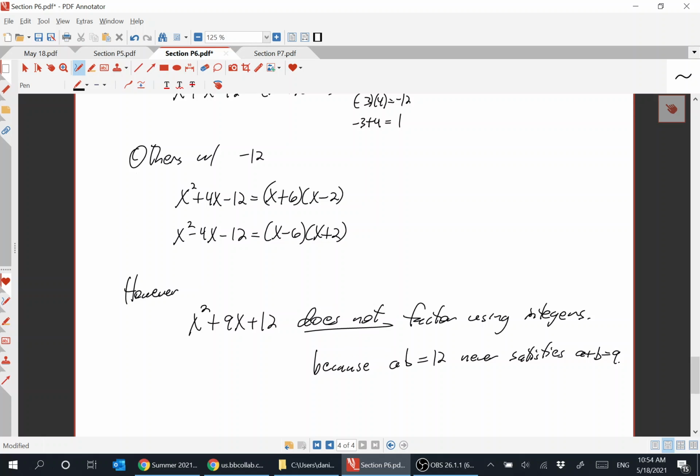A polynomial of the form x squared plus some coefficient of x to the 1, plus x to the 0. So any number that you put here, how many factorizations are there of 12 using integers? It's just 12 times 1, 3 times 4, and 6 times 2.